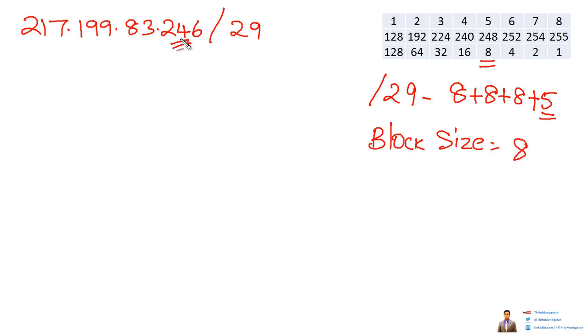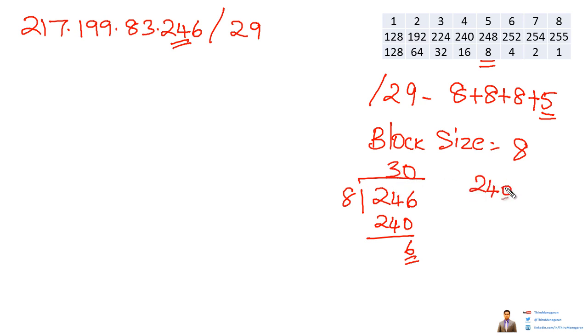So now we're going to divide this number, 246, by 8. 3 times 8 is 24, so 30 times 8 is 240, with a remainder of 6, and the next one would be 248. So this number 246 lies between 240 and 248.